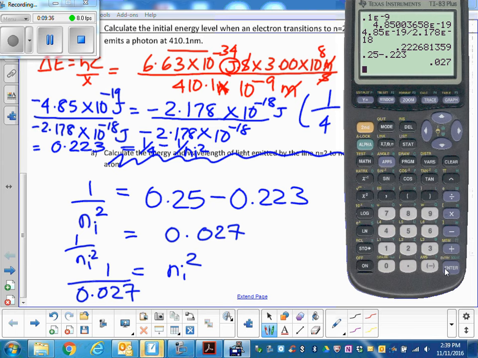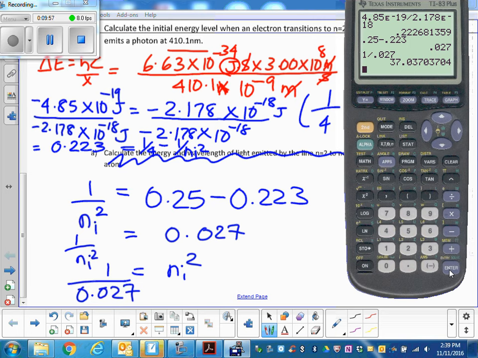Basic algebra. 1 divided by 0.027 equals 37 almost. If you had not rounded it here, you would get 36.